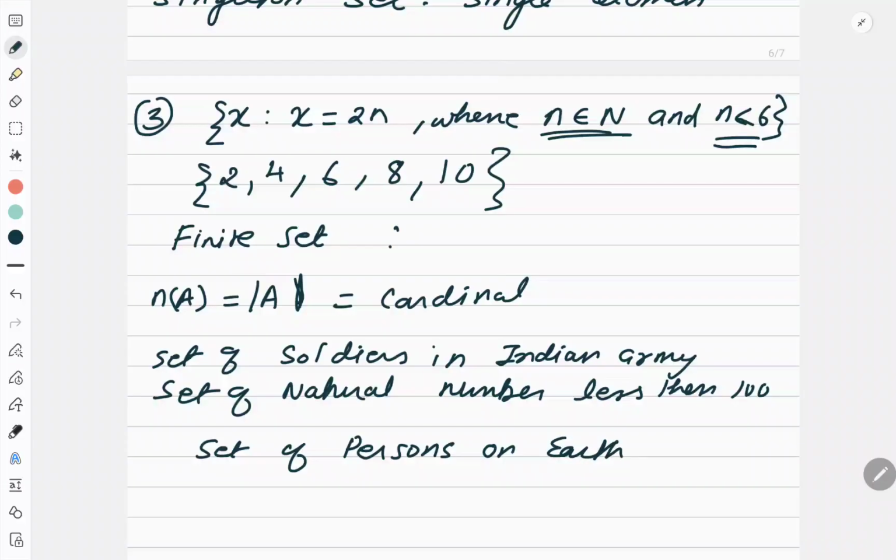You all will think it is infinite, but no. We do say the population of this country is this much, the population of that country is that much. So you can count it, and that is the reason it is a finite set. The set of animals, again, you can count it, so it is a finite set.